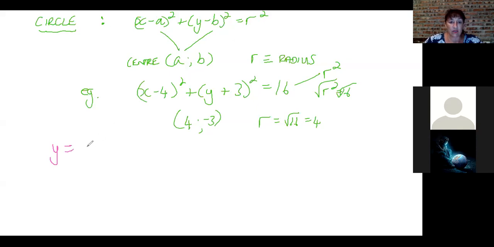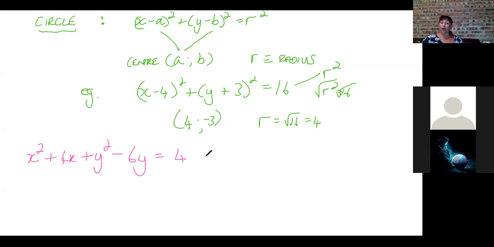Something like x squared plus 4x plus y squared minus 6y equals 4. They could give it to you like this, and they often do in an exam.